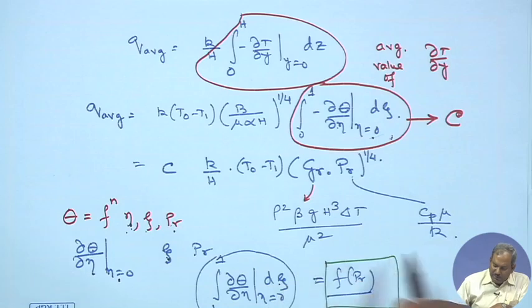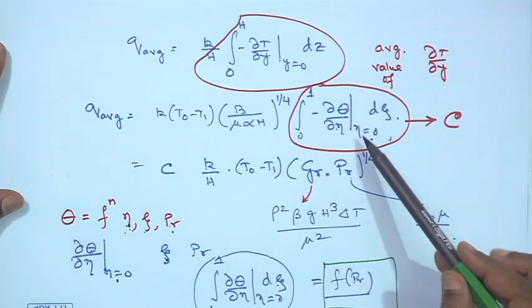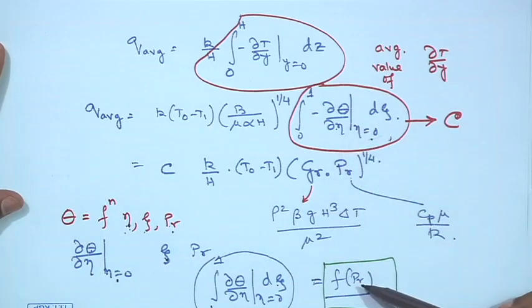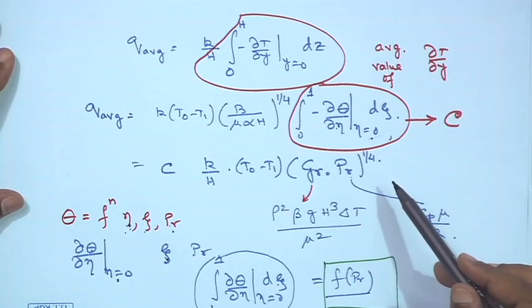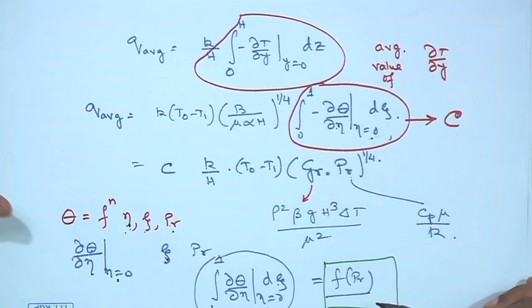So, the entire problem boils down to finding this as a function of Prandtl number, and we also know that even though it is a function of Prandtl number, it must be a weak function of Prandtl number. We have earlier said that since the flow rate is slow in convective heat transfer, at the limiting case it approaches creeping flow.